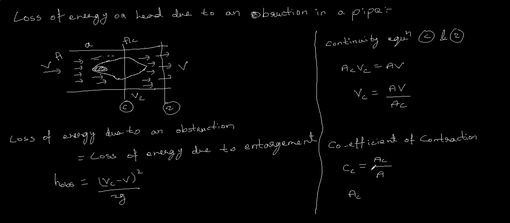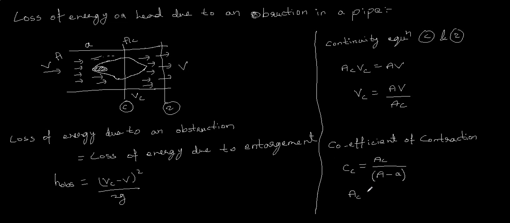So the area at the vena contracta to the area of the cross section of the flow after striking the solid body, the ratio of these two will give you the coefficient of contraction.